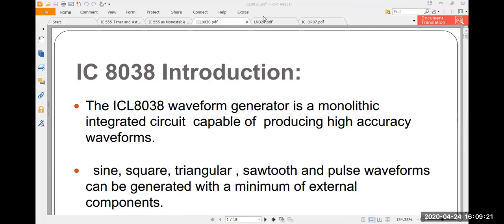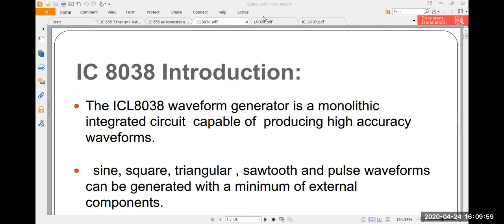So as I was telling, this last unit is basically about specialized ICs. We have learned about IC 555 timer, which can be used as an astable and monostable multivibrator. So this is one of the ICs where it generates waveforms. Now, we have already learned about how to generate a square wave and a triangular wave with the help of operational amplifier.